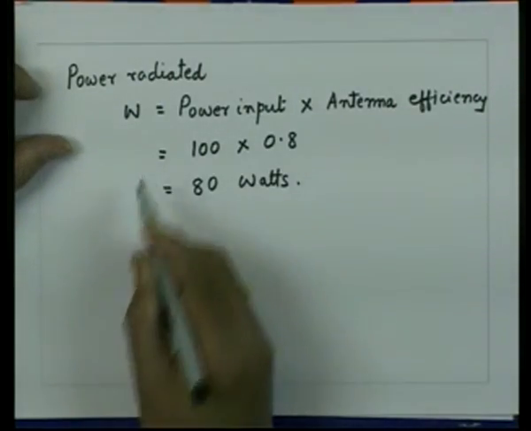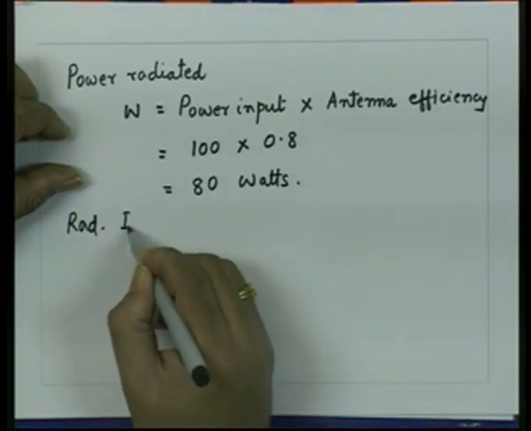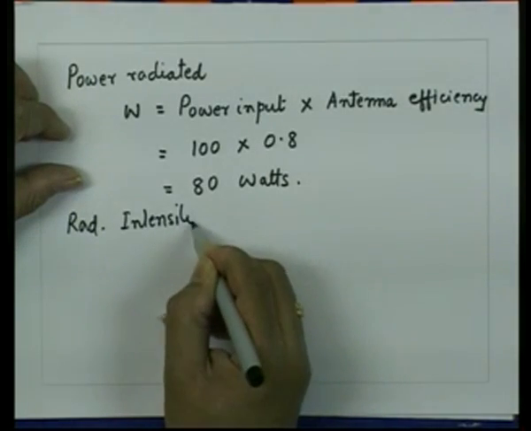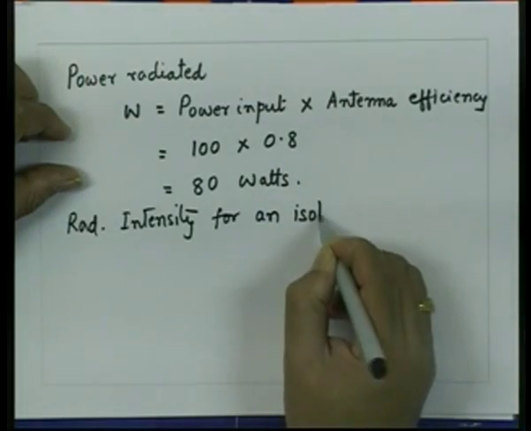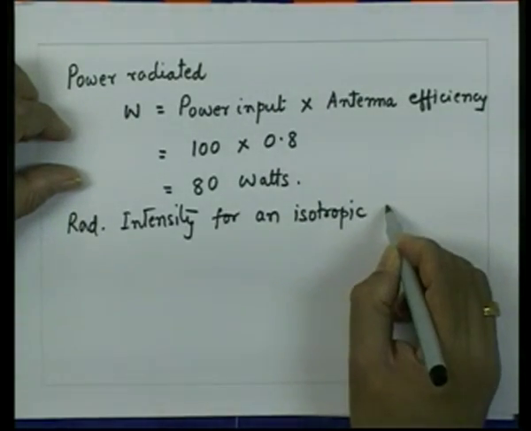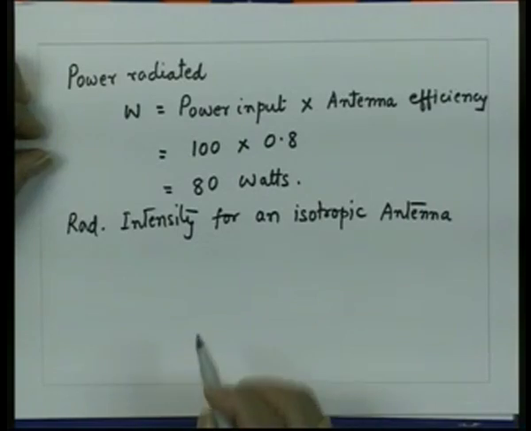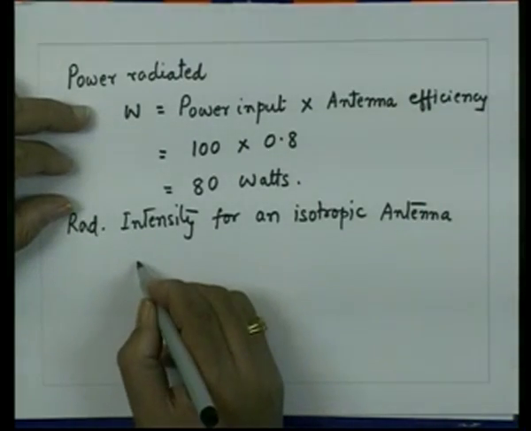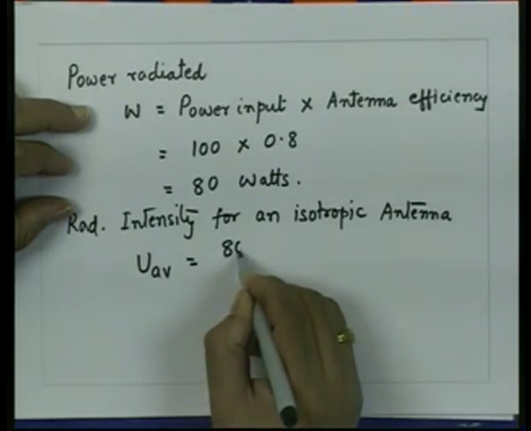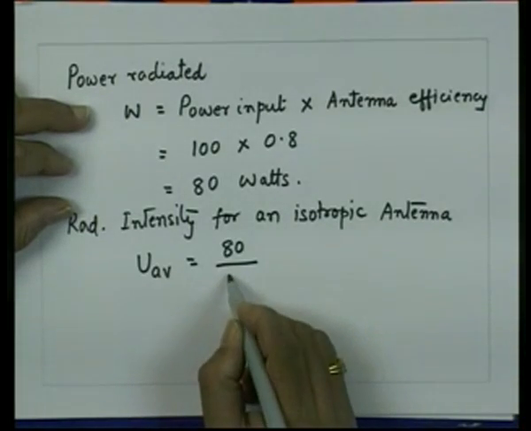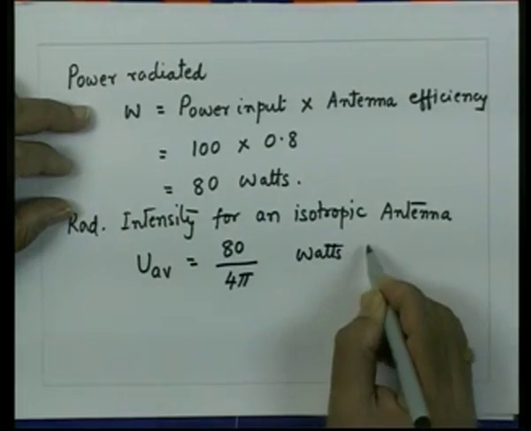So, in this case we get the radiation intensity for an isotropic antenna, and that radiation intensity we call the average radiation intensity. So, that U average is equal to 80 divided by 4 pi watts per steradian.